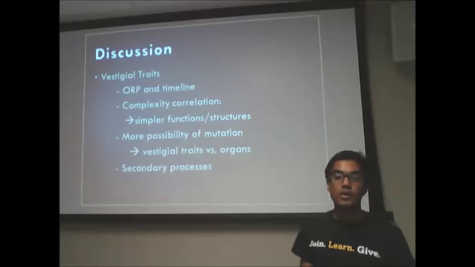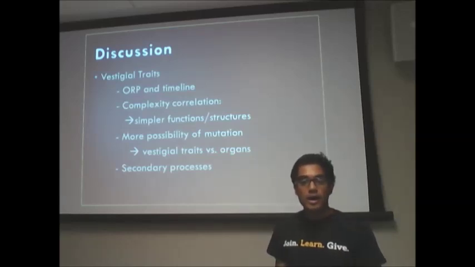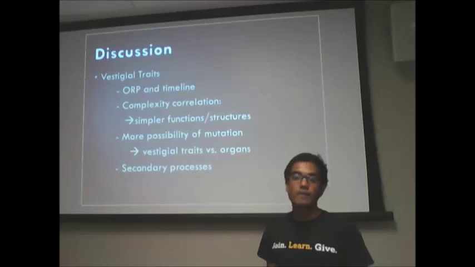Secondly, we're going to look at the complexity correlation, which indicates that certain structures are used as building blocks for later evolutionary traits.